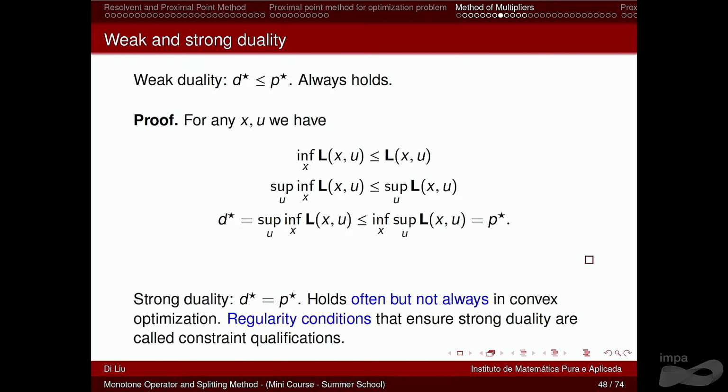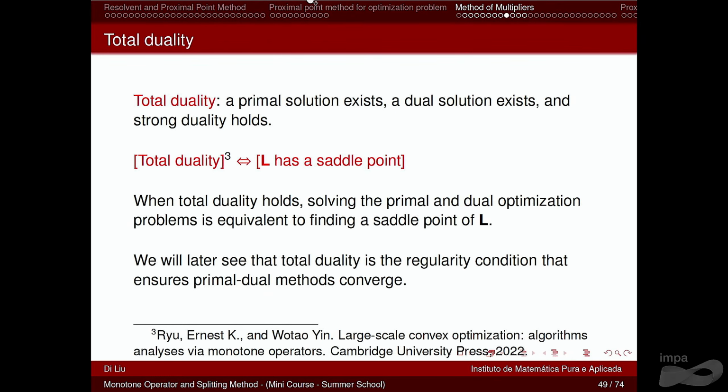Strong duality holds often, but not always, in convex optimization. The regularity conditions which ensure strong duality are called the constraint qualification, which I mentioned before. Actually, next we will introduce a definition called total duality, which comes from the book I mentioned in the last slide as a reference, Large-Scale Convex Optimization, which is a relatively new and very nice book, and I take a lot of material from this book, including this definition.